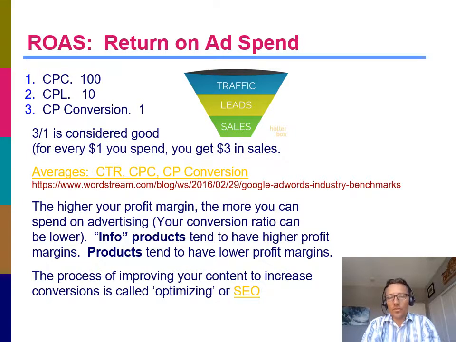So the first thing you'll see on the slide is those three bulleted abbreviations: CPC, CPL, and CP conversion. So CPC is cost per click or pay per click.